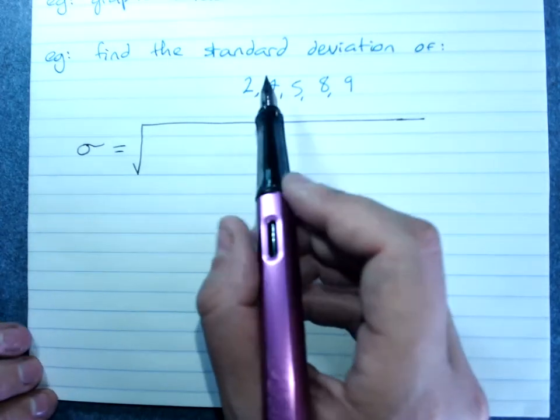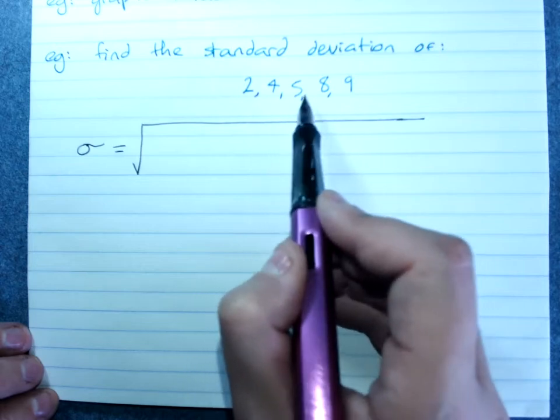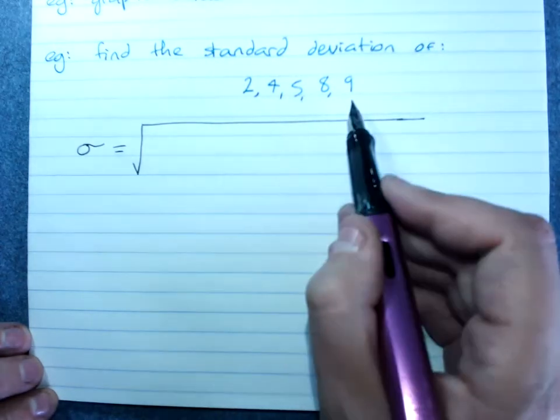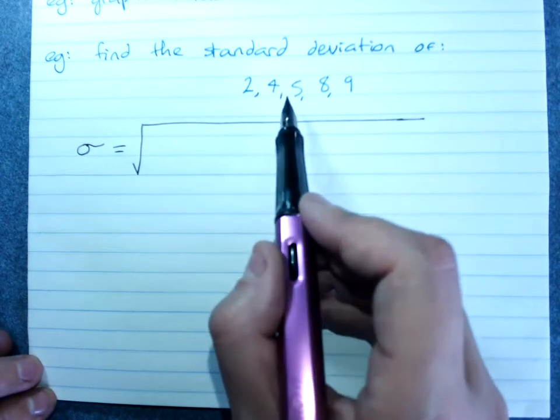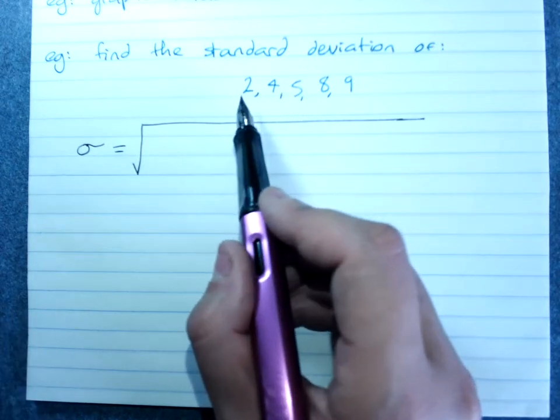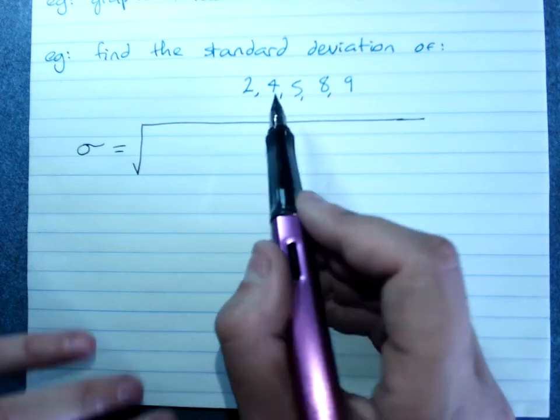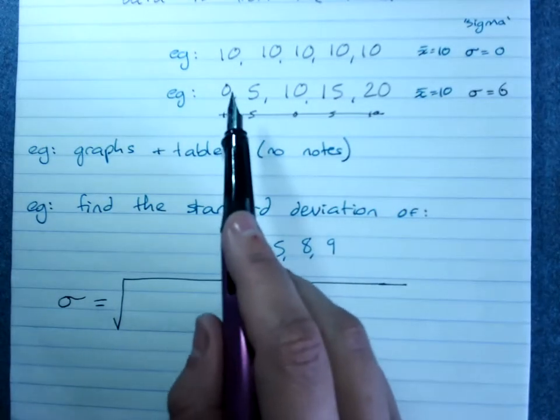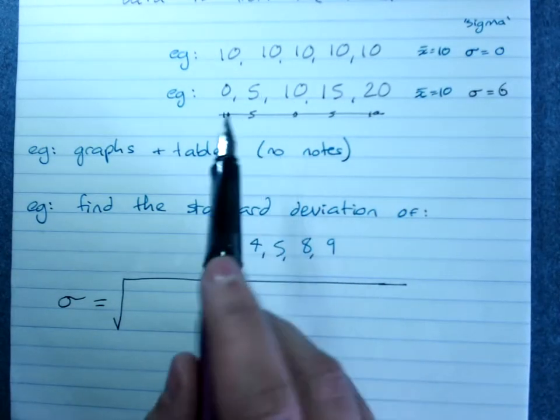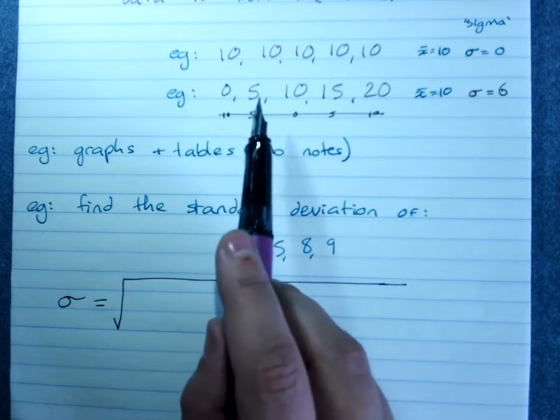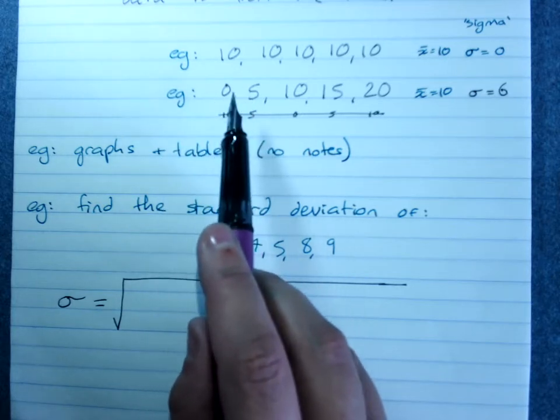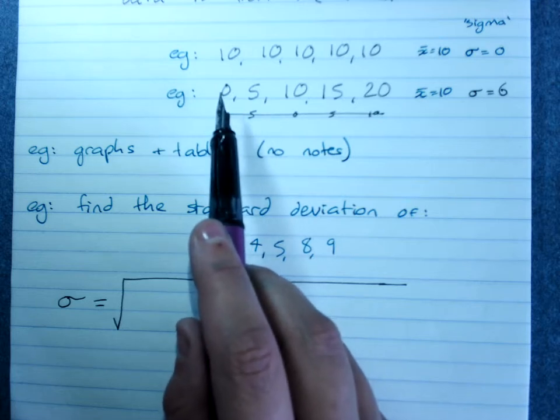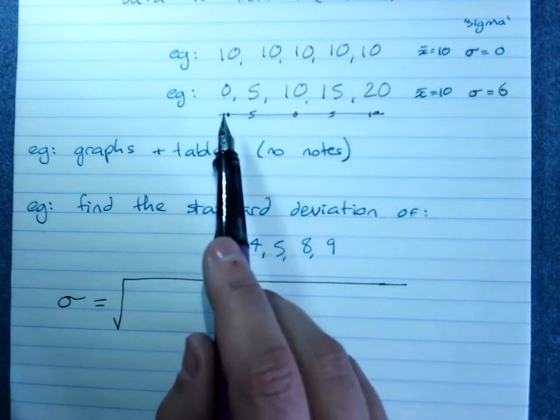We have to find the distance of each score from the mean. We do have to find the mean first. The problem is, if I just find the distance from the mean, I've got to be able to calculate that. I can't just do it like this where I went, oh, that's 10, that's 5, that's 0. I've got to be doing the same thing for each of these. And if I do the score minus the mean, I'd actually do 0 minus 10, I'd get negative 10.